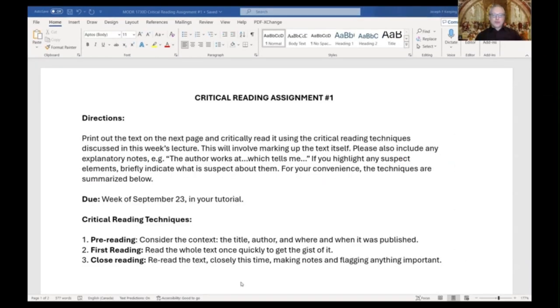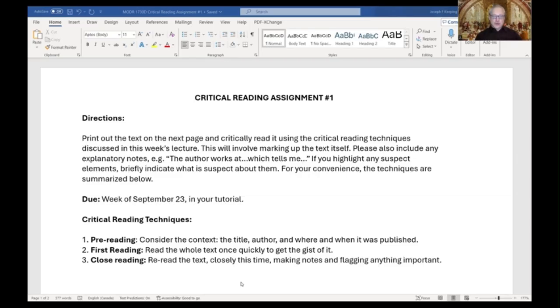Here is the critical reading assignment that is due next week. Like I said earlier, you will need to consult with your TA to find out if they prefer to have it submitted in hard copy in your tutorial, or if they prefer to receive it by email, which will not change the due date.